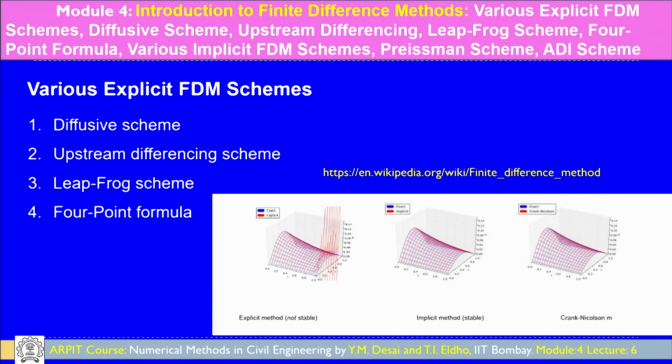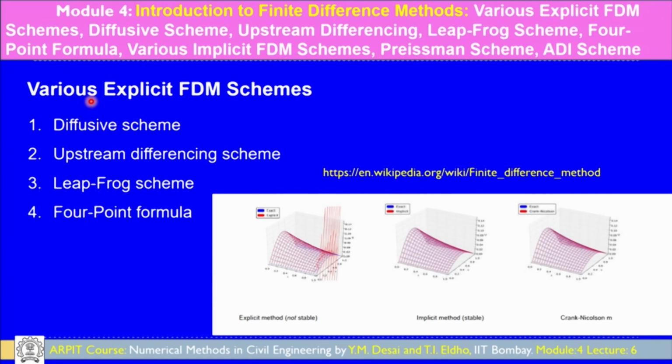So in this lecture number 6, we are going to discuss various schemes like the explicit finite difference schemes, diffusive scheme, upstream differencing, leapfrog scheme, 4-point formula, various implicit FDS schemes, Crank-Nicolson scheme, ADI scheme, etc. This is what we are going to discuss in this lecture.